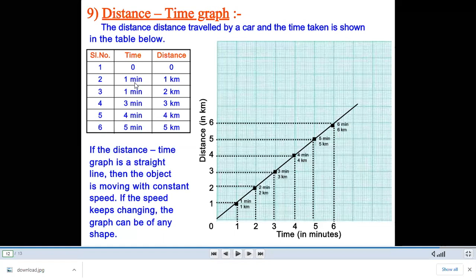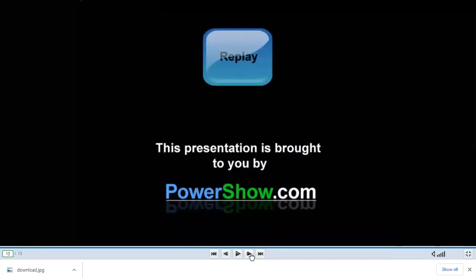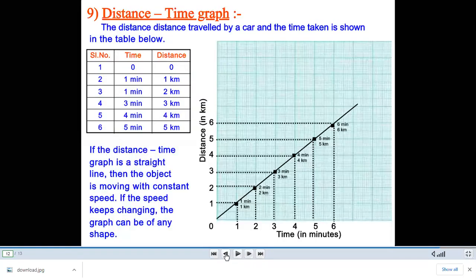You can see here 1 minute, 1 kilometer, 1 minute. So this is time and that is distance. If the time interval is the same, then it will be a straight line starting from here. 1 minute every time.